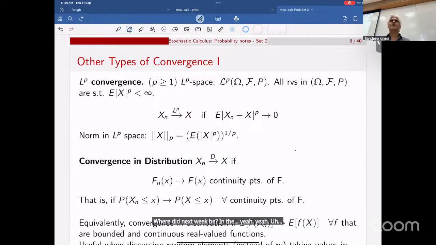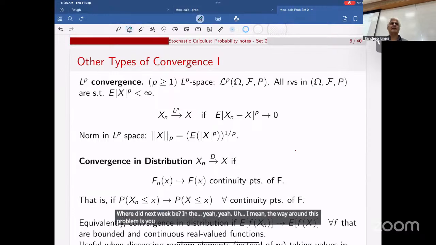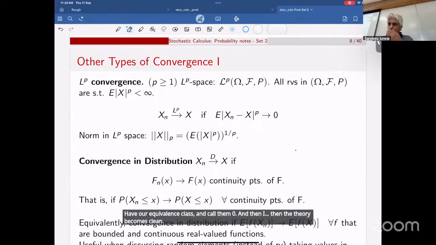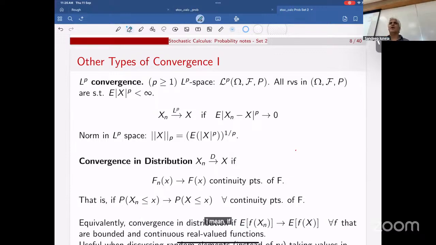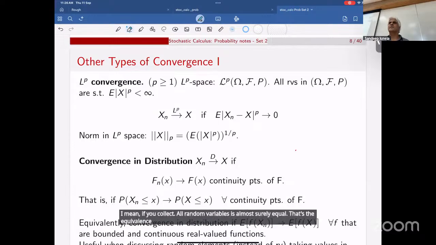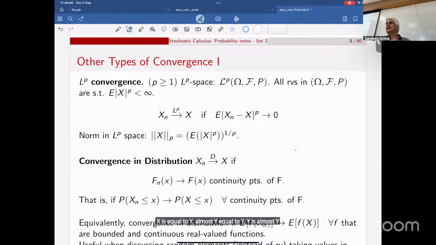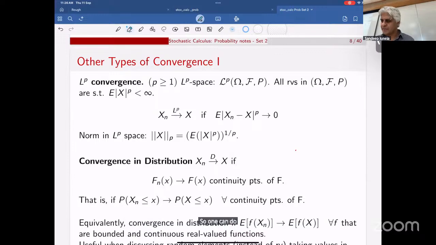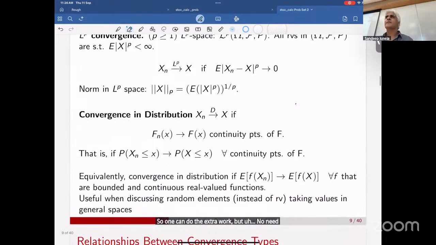The way around this problem is to collect all the random variables which are almost surely equal into an equivalence class, and call that 0. Then the theory becomes clean. That's an equivalence relationship: X almost surely equal to Y, Y almost surely equal to Z, so X is almost surely equal to Z. One can do that extra work, but there's no need in this class.